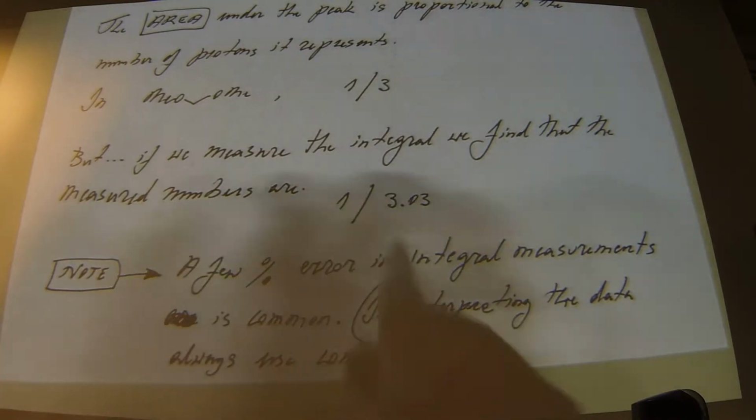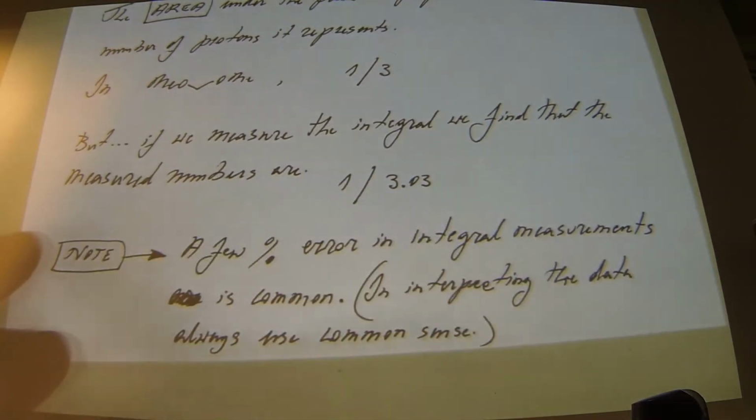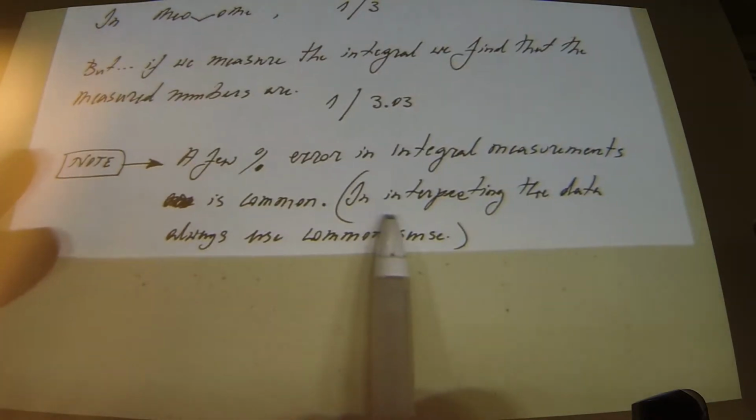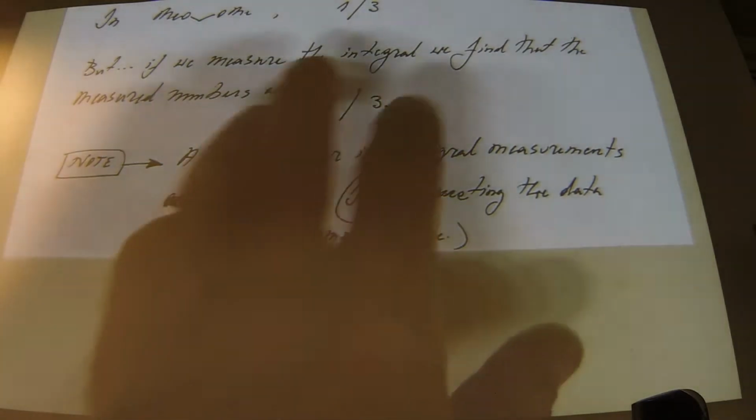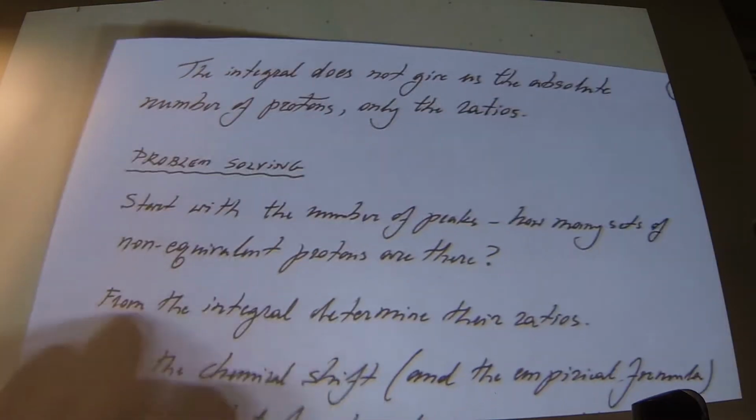And so you can usually figure this stuff out. A few percent error in the integral is nothing to worry about. It's normal, but just use judgment when you work up your data. So remember again that the integral doesn't give you absolute numbers, right? It gives you ratios. And so from the ratio, you have to use other information to get the absolute numbers.